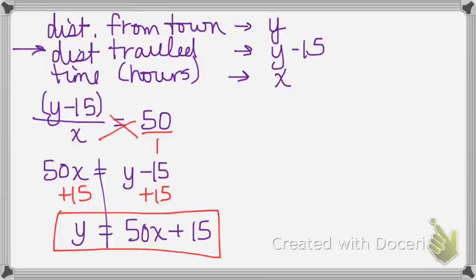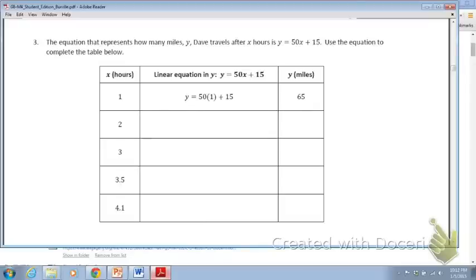Adding 15 means since I started with a head start, if I want to know how far I am from town, I have to always add that 15 back on. Okay, so this leads right into exercise 3 that you have the table for. So let's look at that now.